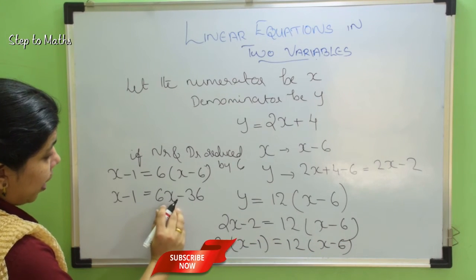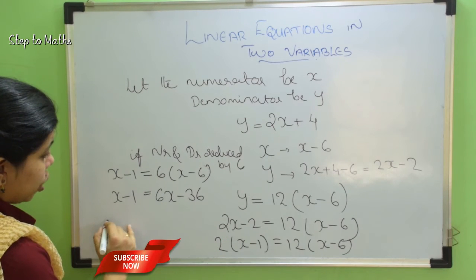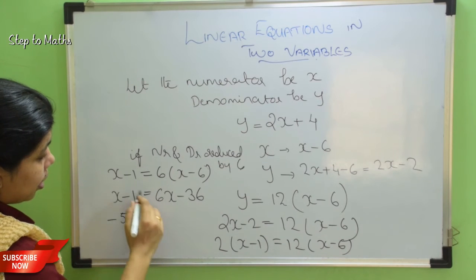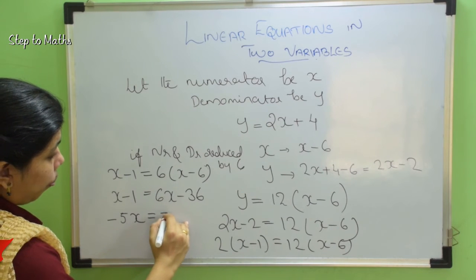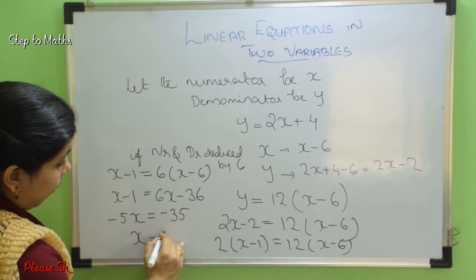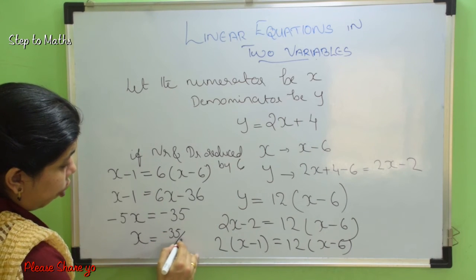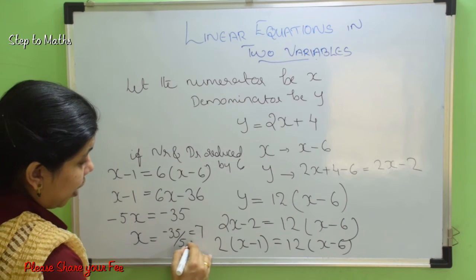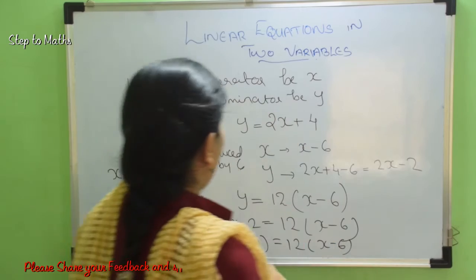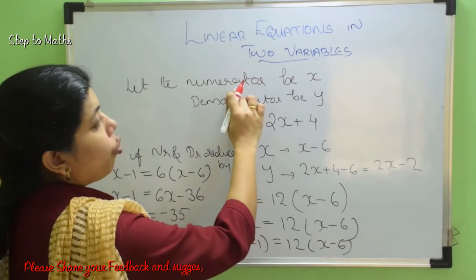Taking the terms of x on the same side, it becomes minus 5x is equal to minus 35, or x is equal to 35 upon 5 equal to 7. The value of x is equal to 7. We took x as the numerator.